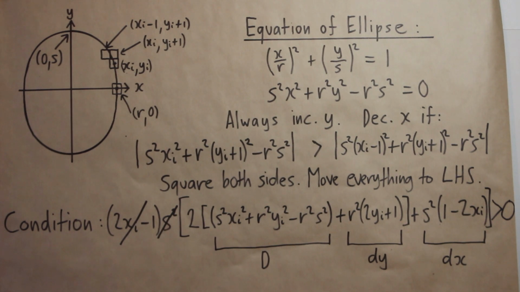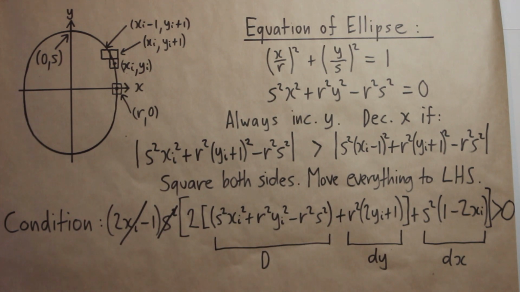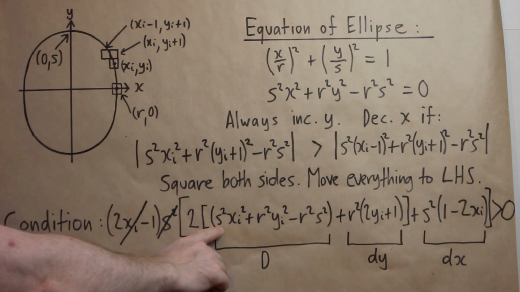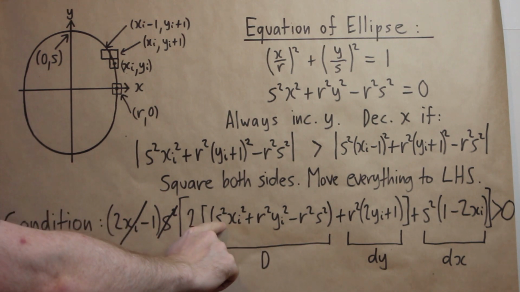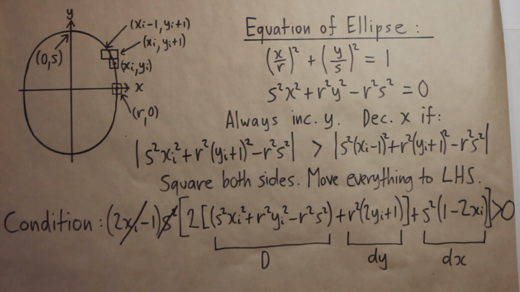Now in this video and the few on plotting circles on the channel, I'm only going to be using the version of this for a circle, which has r and s equal. Now if s is equal to r, then we have a factor of r squared that we can take out all the way through this inequality.